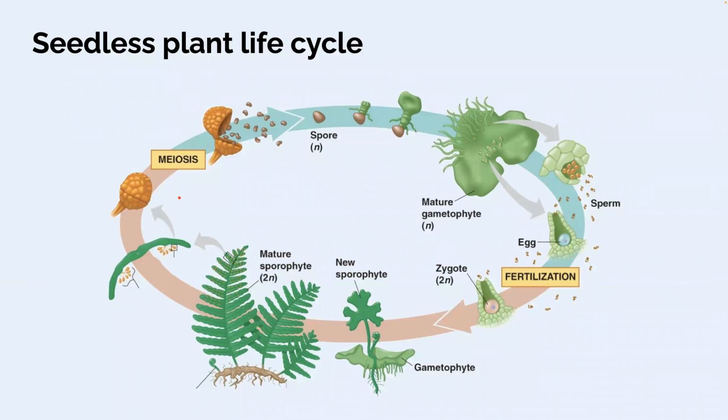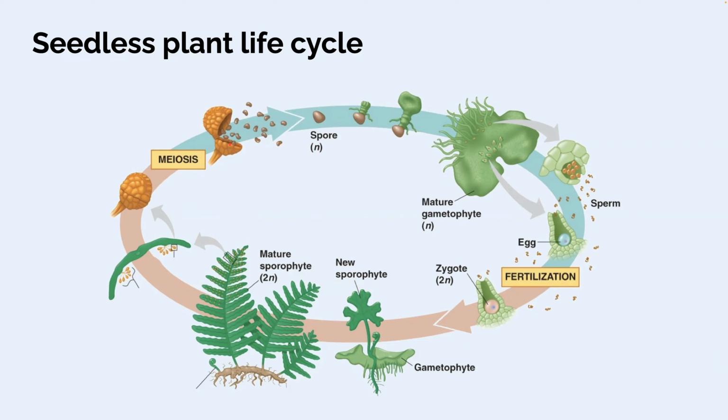So before we go into too much detail in the flowering plants, let's take a step back to our seedless vascular plants here. This is the life cycle of a fern. And just highlighting, if you remember, we saw in this group spores were the main mechanism for dispersal, so getting a plant around and establishing a new plant.